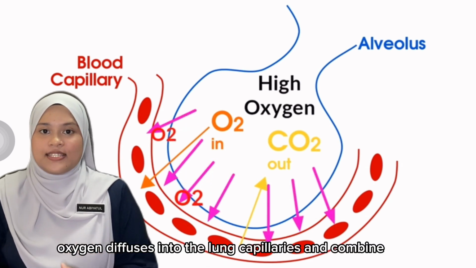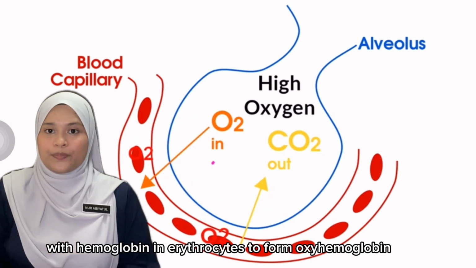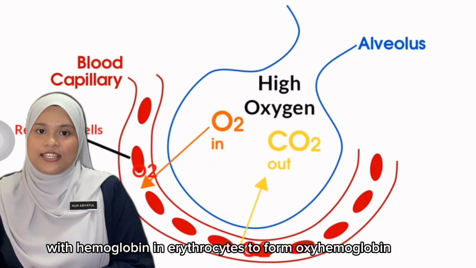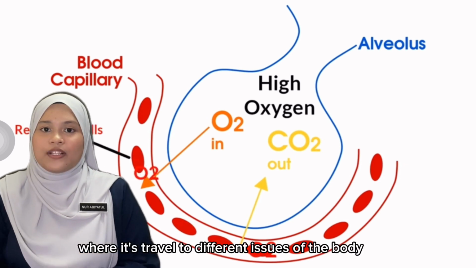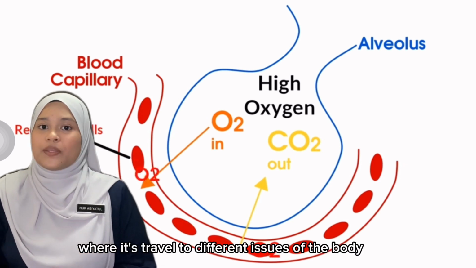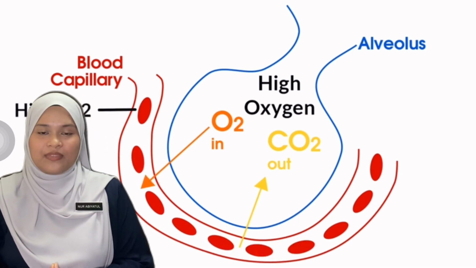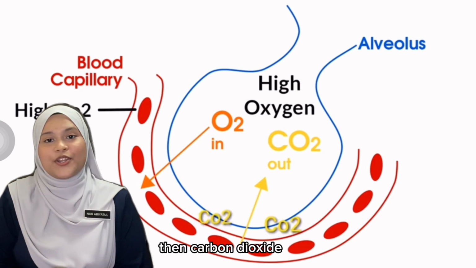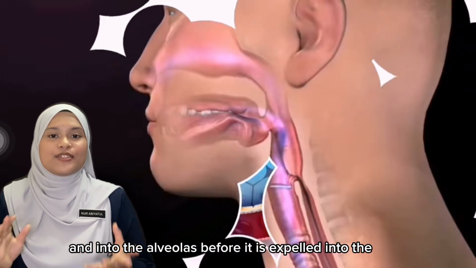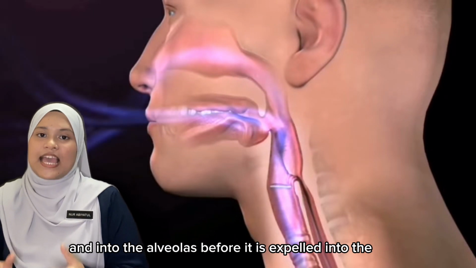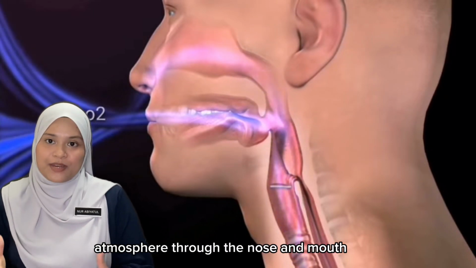Oxygen diffuses into the lung capillaries and combines with hemoglobin in erythrocytes to form oxyhemoglobin, where it travels to different tissues of the body and is used for cellular respiration. Then, carbon dioxide diffuses out from the lung capillaries and into the alveolus before it is expelled into the atmosphere through the nose and mouth.